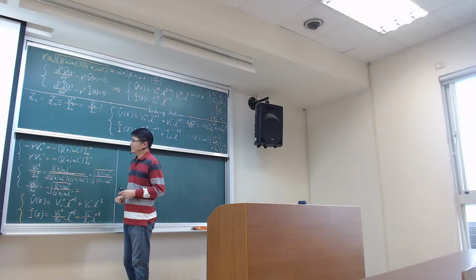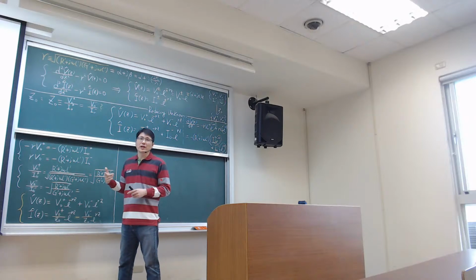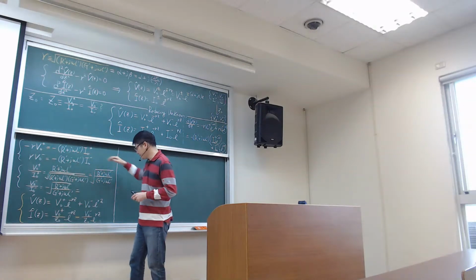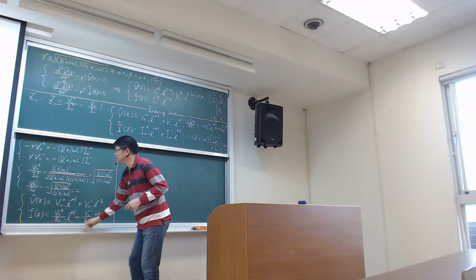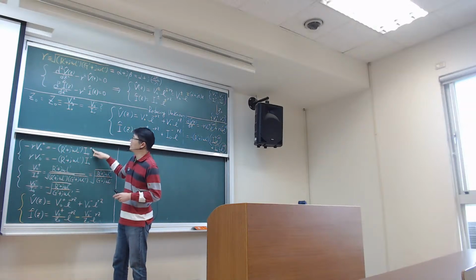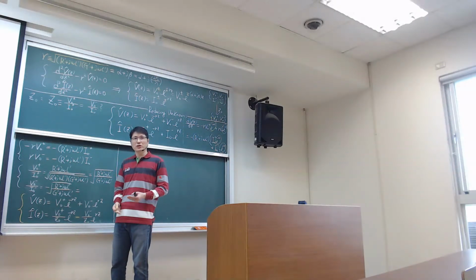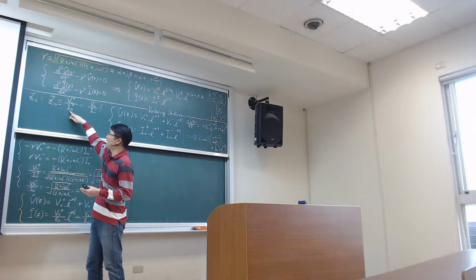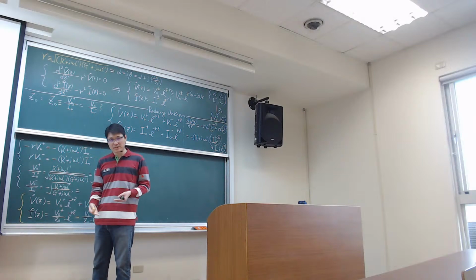So let's take a look. I performed detailed derivation for you. So from the first equation, I can have V0 plus divided by I0 plus. This is what I intended to define because V divided by I is your impedance.